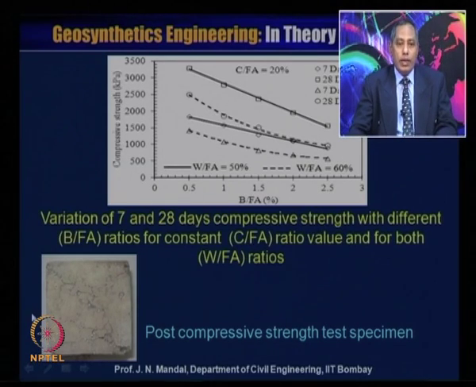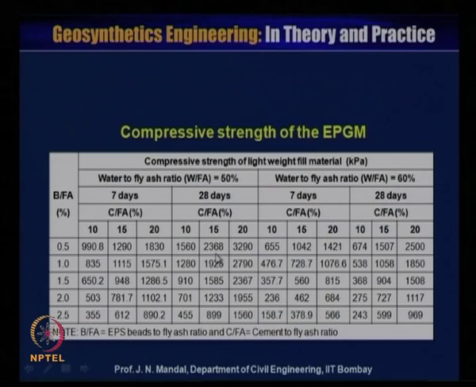After the test, you can see one sample, the post compressive strength test specimen, showing what type of failure was observed in the sample after the test. This is the compressive strength of EPGM, the lightweight fill material, in kilopascal.